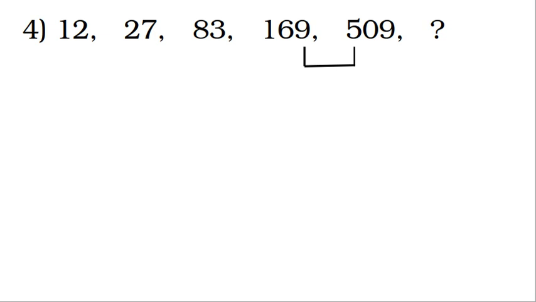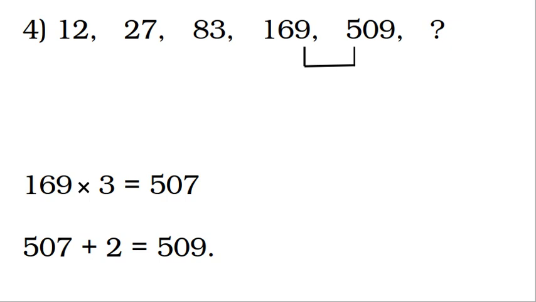So 169 into 3 will give you a number which is close to 509. 169 into 3 is 507, and the difference between 507 and 509 is 2.